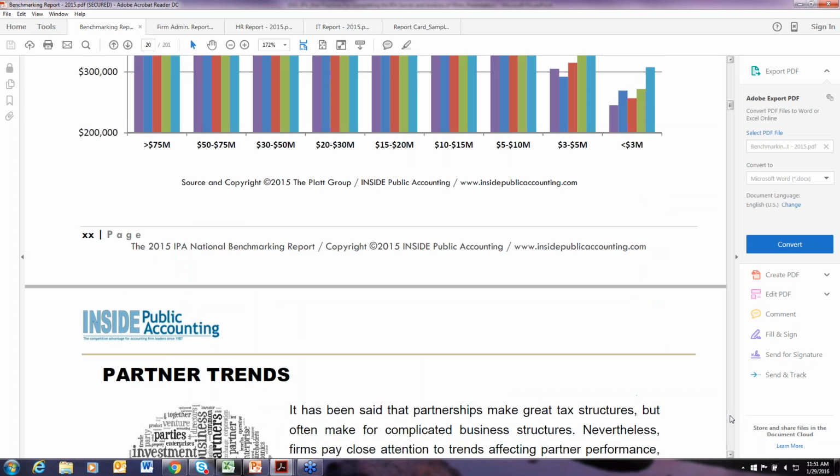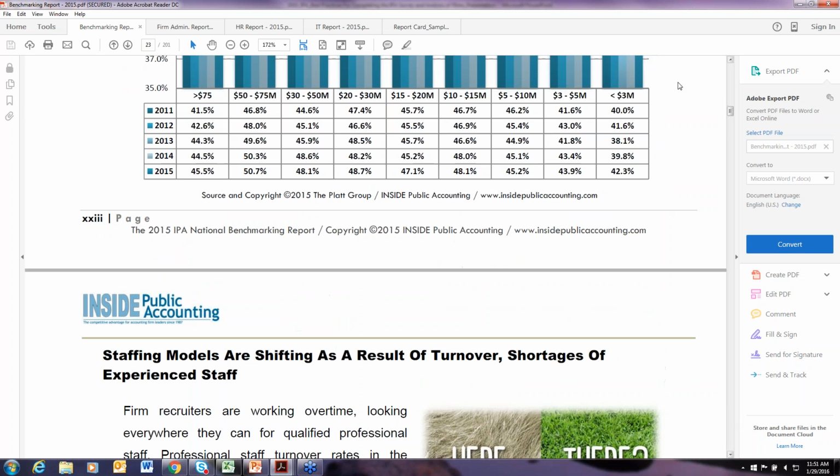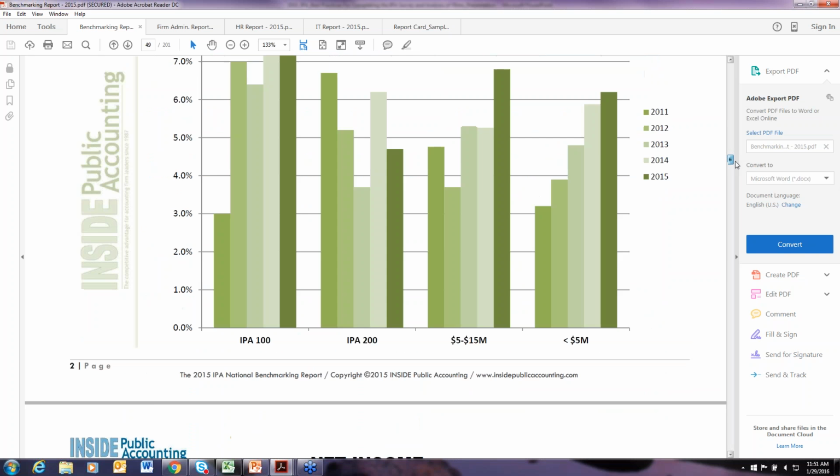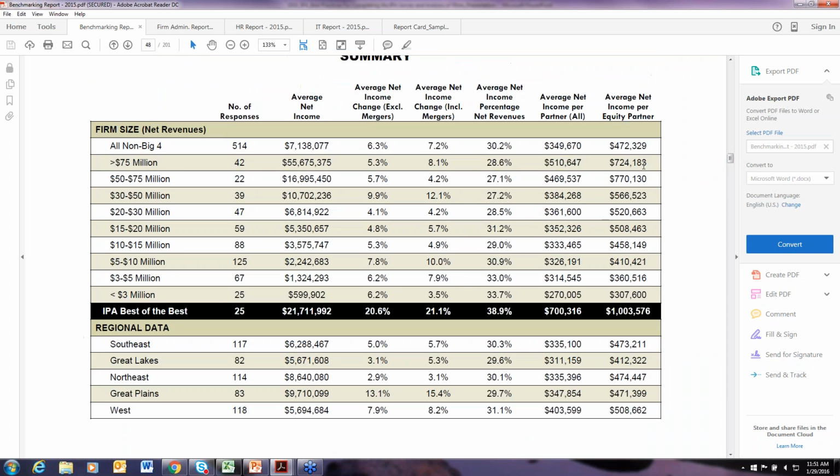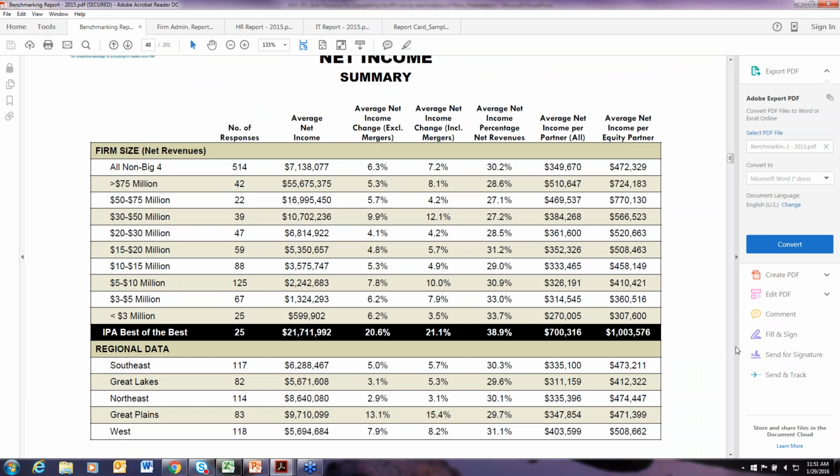That will be included in the executive summary that you would get, but what you would also receive is a comprehensive breakdown by firm size as well as by region of the various metrics within your firm. This is not included in the executive summary, and we've got about 80 pages of tables like this to give you a lot more detail along the way.